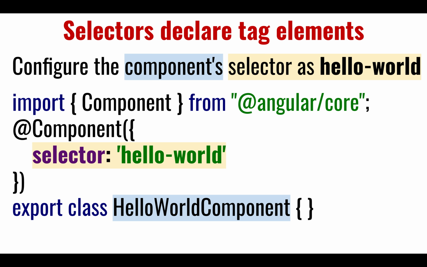So here you can configure that. You can say no, I don't want this really long name for my tag. I want to use this as my tag. Make sense? Hello-world. And that's how you configure the selector.